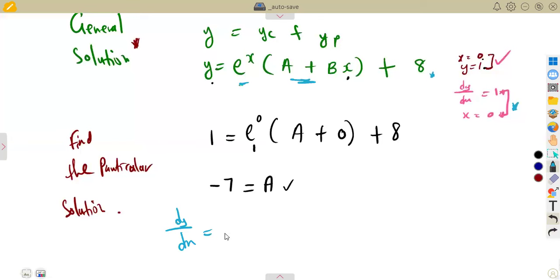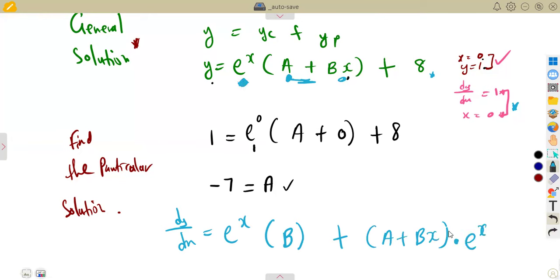Start with u, e to the exponent of x, times the first derivative of v, which is a plus bx. The derivative of a is 0 since it's a constant, and the derivative of bx is b. Plus we take v as it is, which is a plus bx, times the first derivative of u. Remember, the derivative of e to the x remains like that.